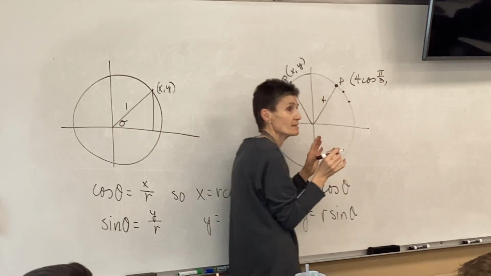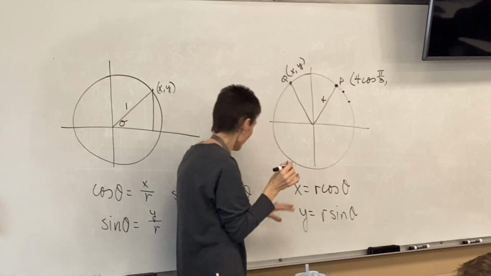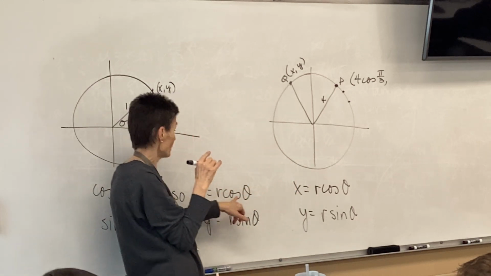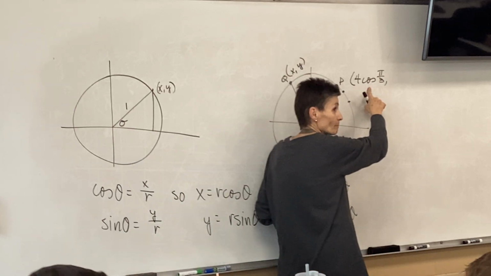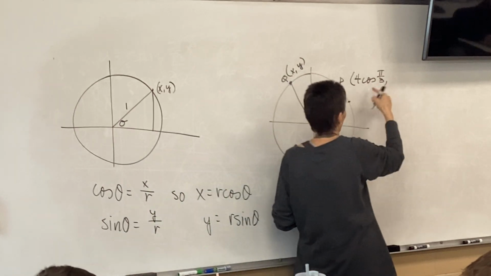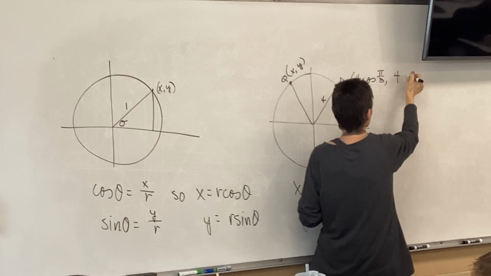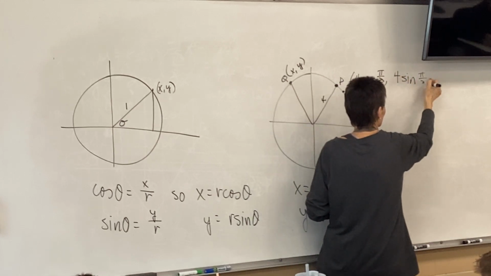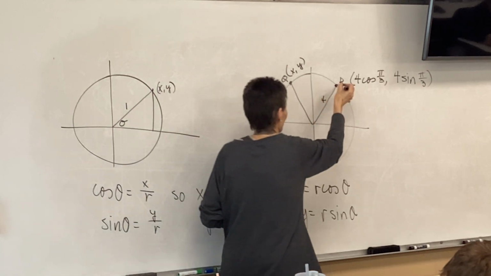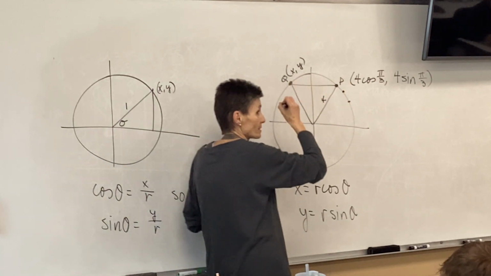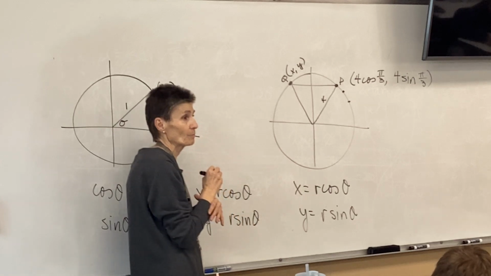I don't know what that is. But remember, x is our r cosine of the angle, and this angle is pi over 3. So this x and y is 4 cosine pi over 3, 4 sine pi over 3. Everybody good?